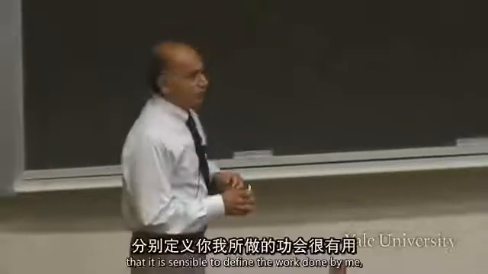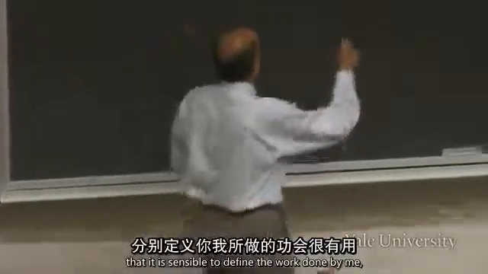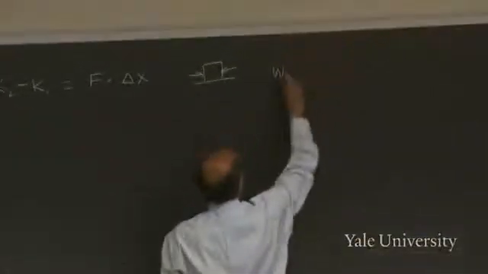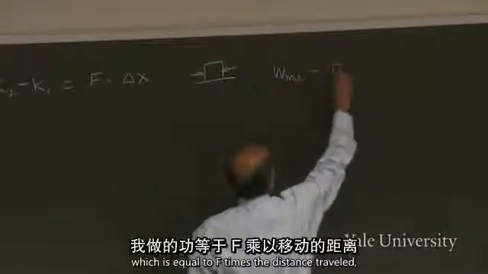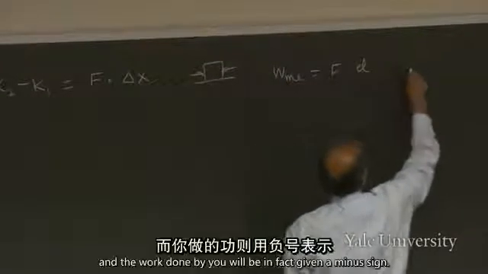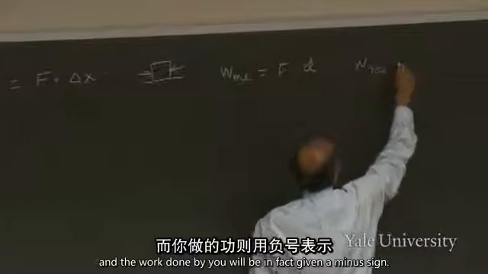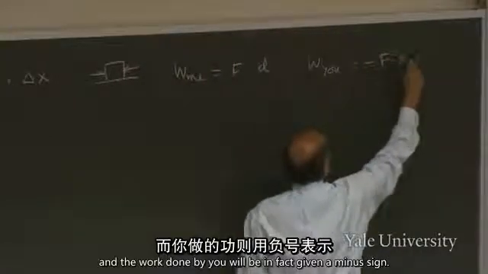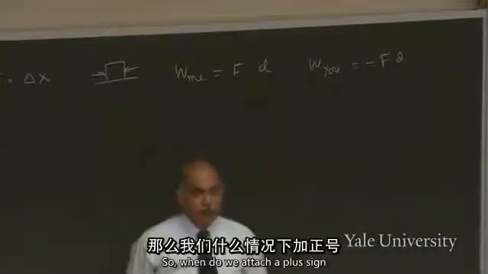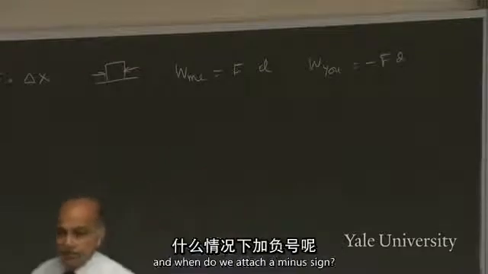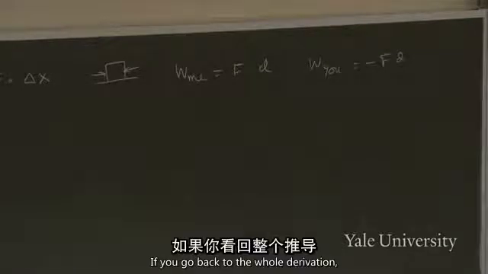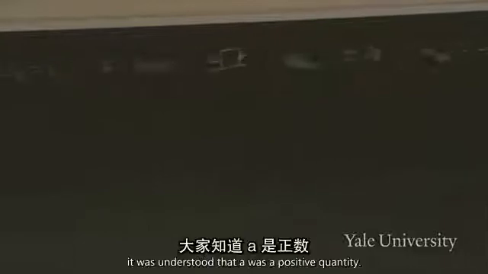Then it turns out that it's sensible to define the work done by me, which is equal to F times the distance it traveled, and the work done by you will in fact be given a minus sign. So when do we attach a plus sign and when do we attach a minus sign? If you go back to the whole derivation, it was understood that A was a positive quantity.